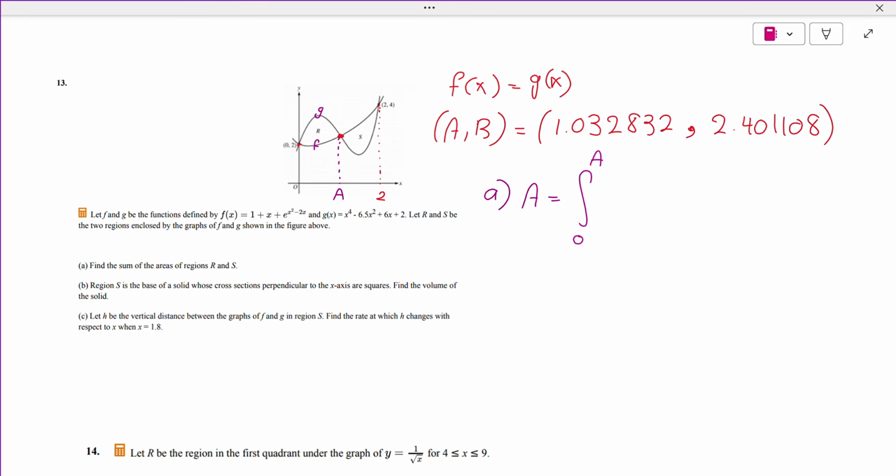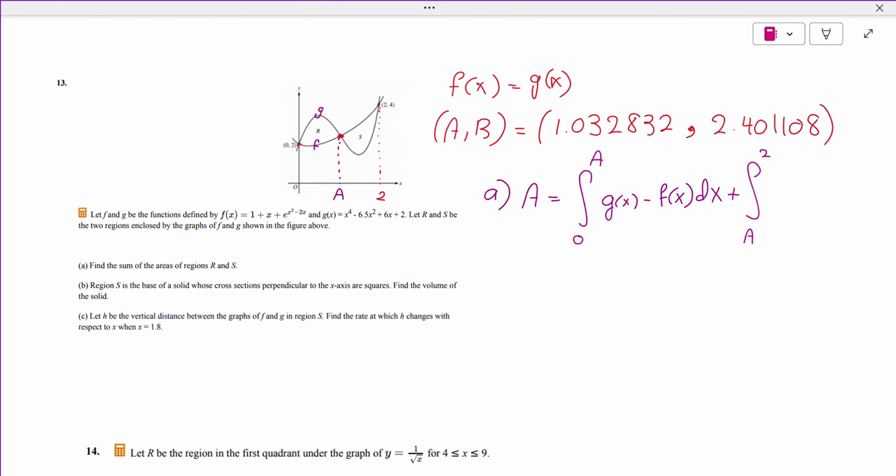So here I have g, which is the upper, minus f: the integral of g of x minus f of x dx, plus, for the second one, we are going from A all the way to 2.